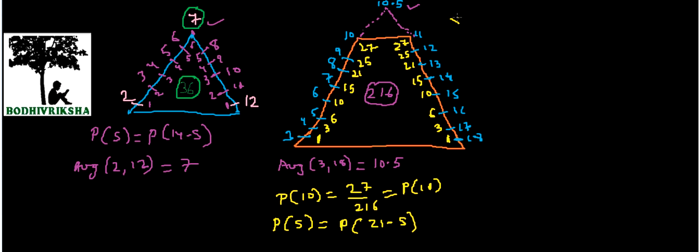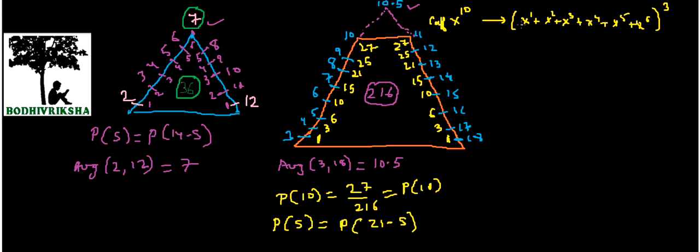So we are looking at the coefficient of x to the power 10 in the expansion of x to the power 1 plus x to the power 2 plus x to the power 3 plus x to the power 4 plus x to the power 5 plus 6, whole to the power 3 this time, corresponding to 3 dice. Last time we had 2 in the power.